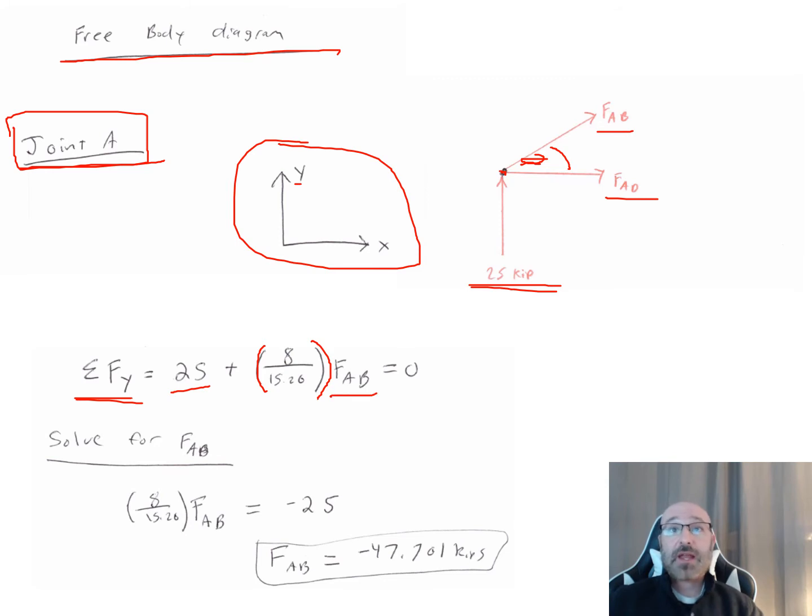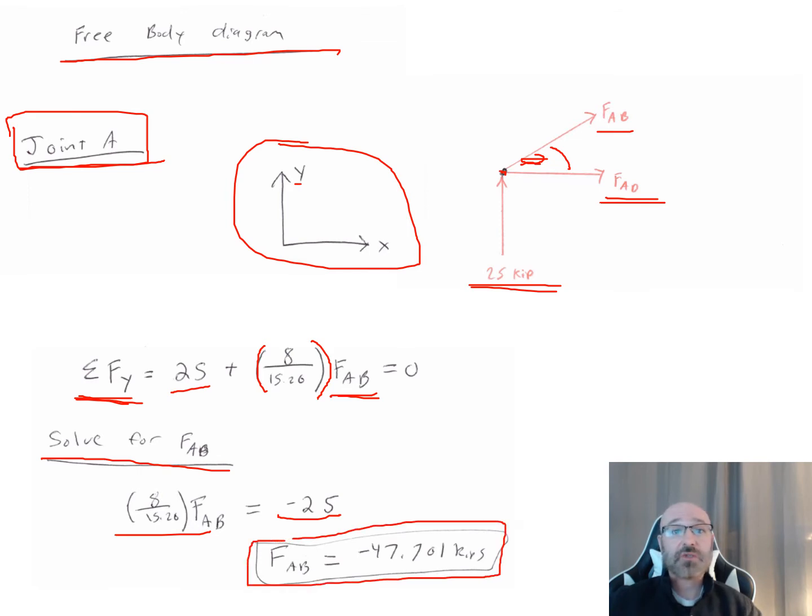And I can see that FAD only acts purely in the x direction. There is no component in the y direction, so that's not included here. So I look at this, equilibrium equal to 0, so my only unknown is my FAB. I can rearrange now and solve for this FAB, and when I do that, I have 8 over 15.26 times my FAB is equal to negative 25, or my FAB, when I plug that in, is equal to negative 47.701 in units of kips.